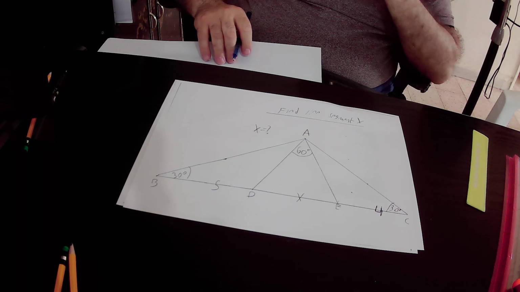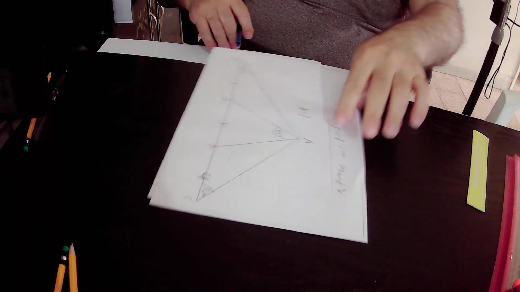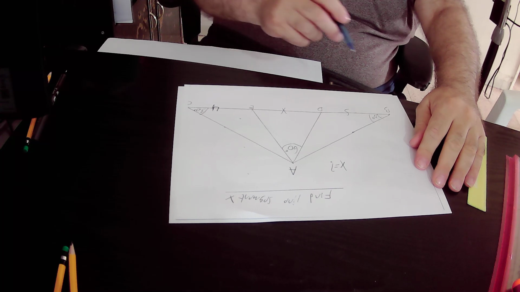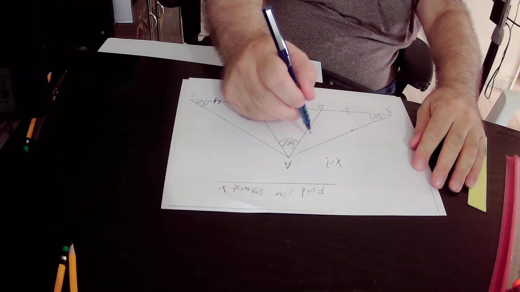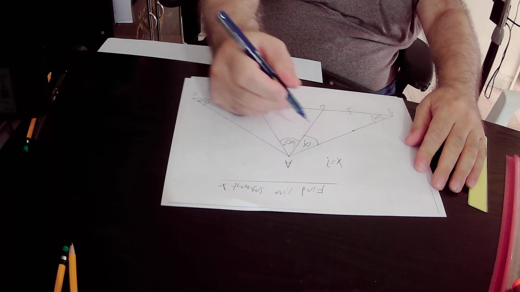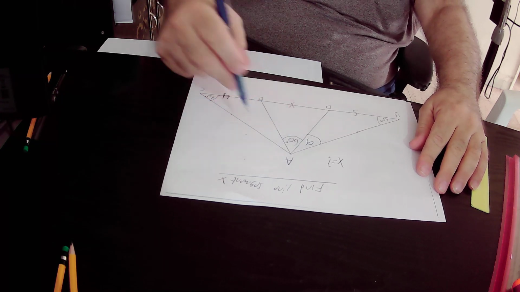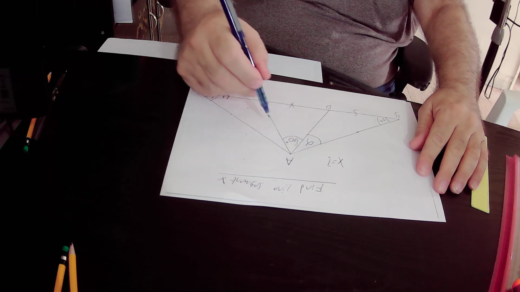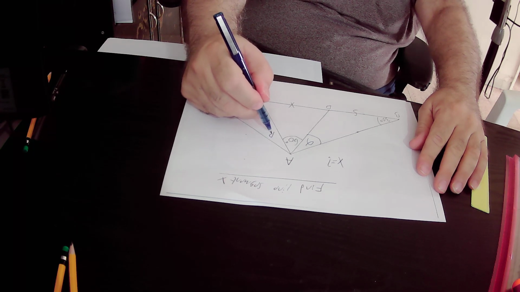And we will define angle BAD as alpha, and we will define angle EAC, this angle, as beta.